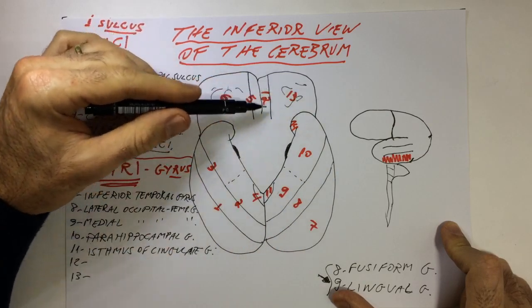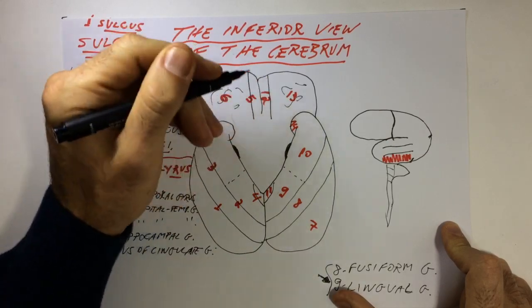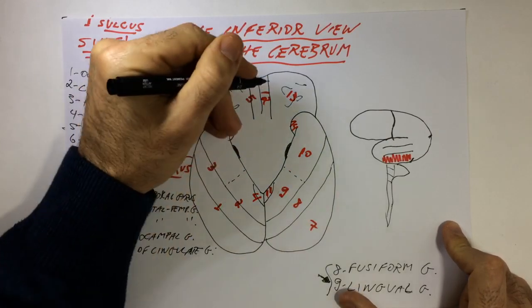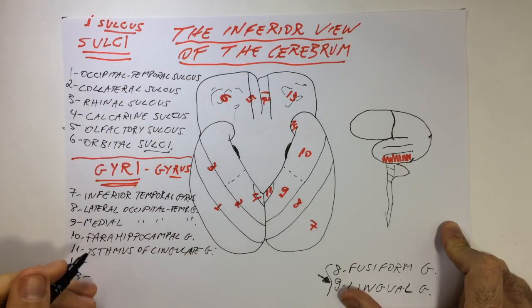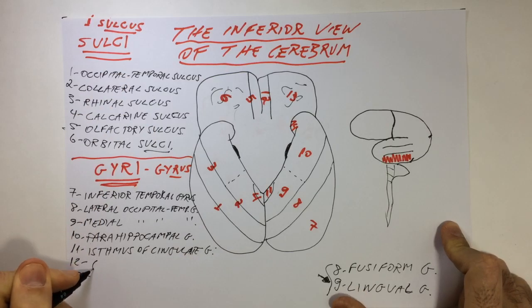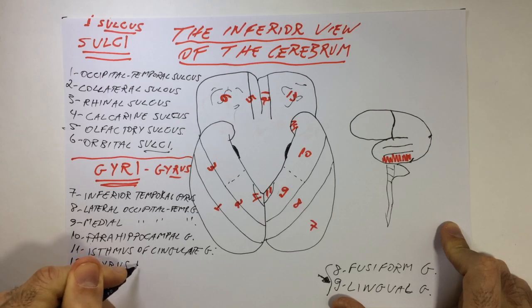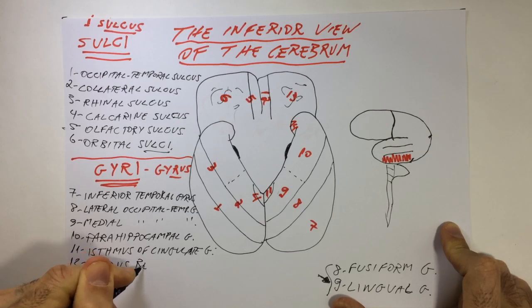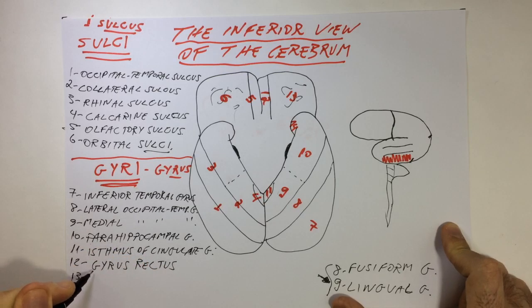Up here that we have the frontal lobe, we have 12, 13. So 12 would be the gyrus rectus. That's one way to say it.